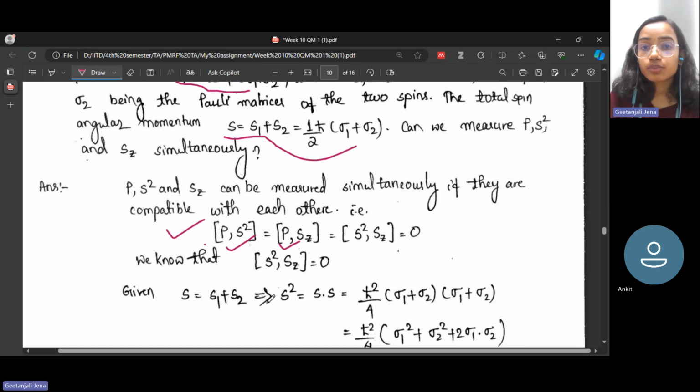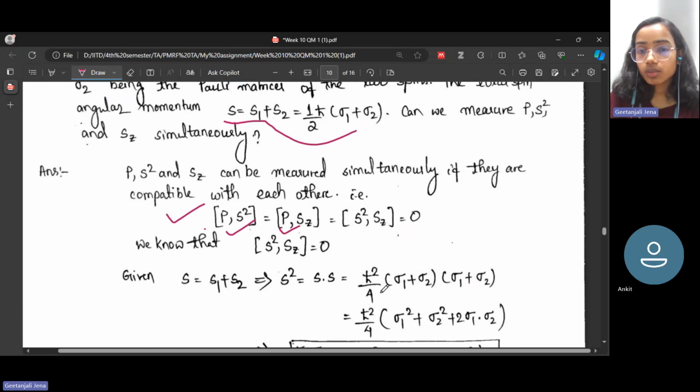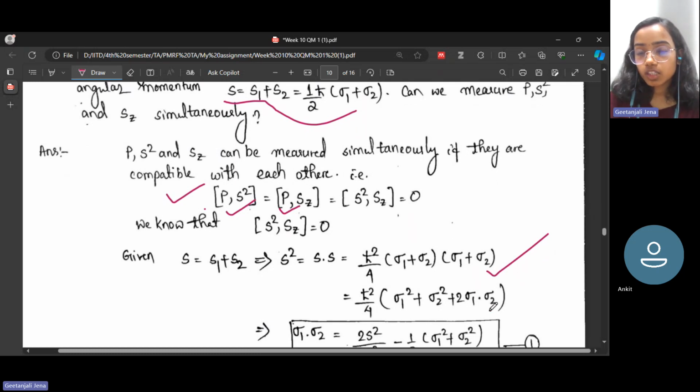So if you take the square of this, S square, you will get ħ square by 4 times sigma 1 plus sigma 2 into sigma 1 plus sigma 2. If you multiply it, you will get sigma 1 square plus sigma 2 square plus 2 sigma 1 dot sigma 2.